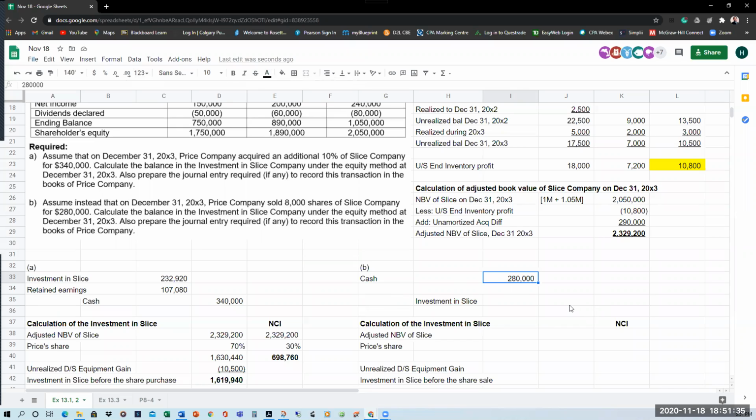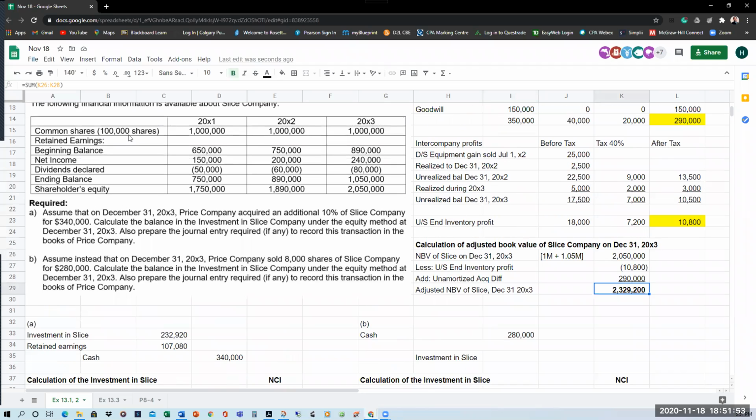Well, for that, I have to base my math on this number, the adjusted net book value, 2,329,200. 2,329,200 is the net book value of Slice, which has a total number of 100,000 shares outstanding. 8,000 out of 100,000.